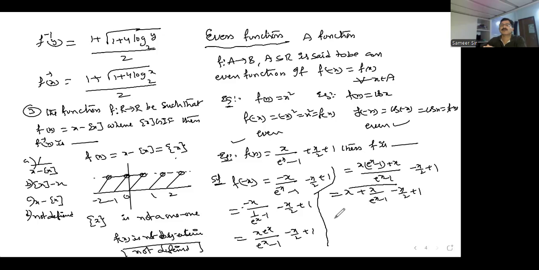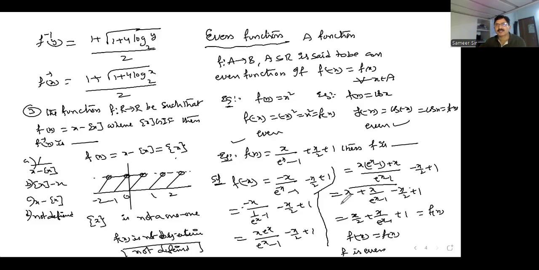If you simplify these two, you get x by e to the power of x minus 1, plus 1, which is the same as the given function f of x. What we proved is f of minus x is equal to f of x. So shall we say that f is even? Yes, f is an even function.